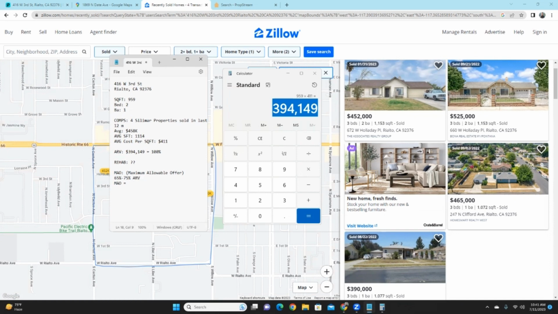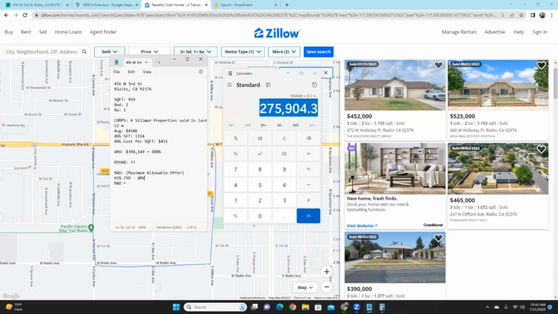My apologies, the average investor will pay 65%. We'll pay anywhere from 65 to 75% of this number. So if they're only gonna pay 70% of this number, times 0.7, that means that all in, a guy who's flipping this house wants to make sure, bottom line, out the door, that he's spending no more than 275 grand.